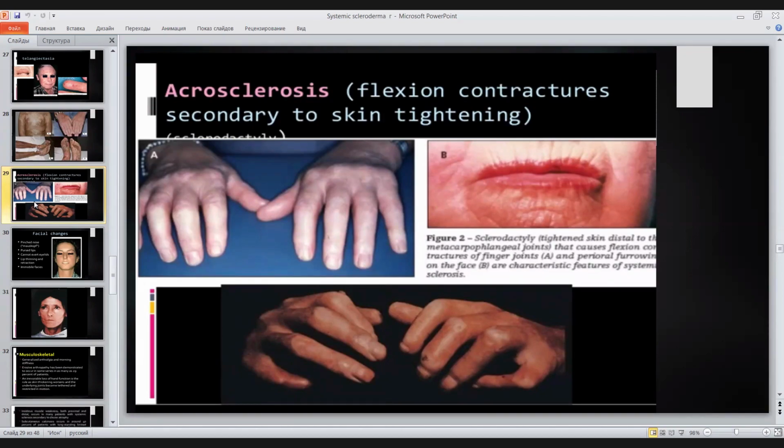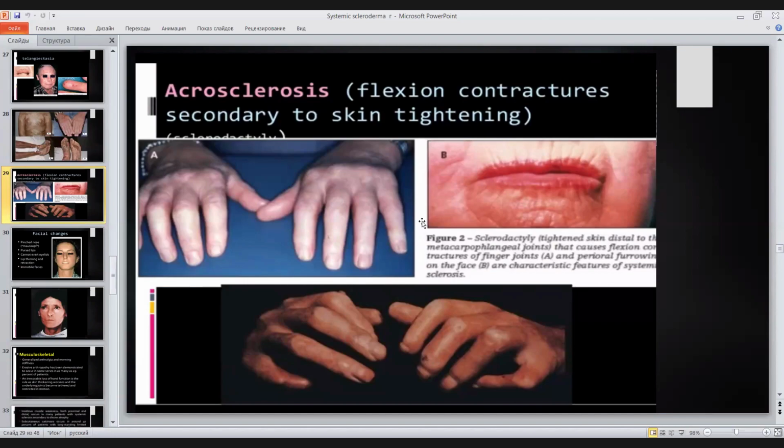Contractures are when the patient can't flex his hands, mainly the hands like this, because due to acrosclerosis there will be fibrosis of the skin, and the patient can't flex his hand like this. The patient's hands will be in one position like this. This is called the spider hands symptom, because spiders look like this. Spider hands symptom. Remember about this.